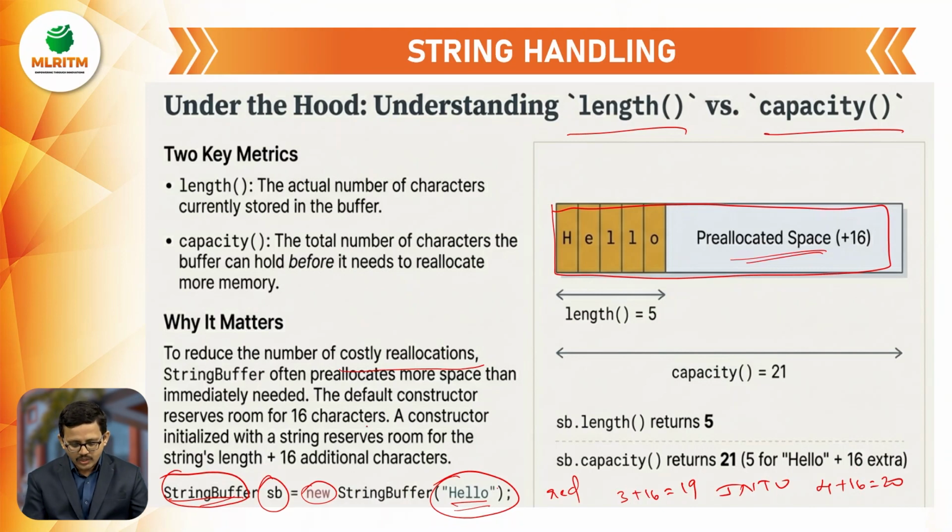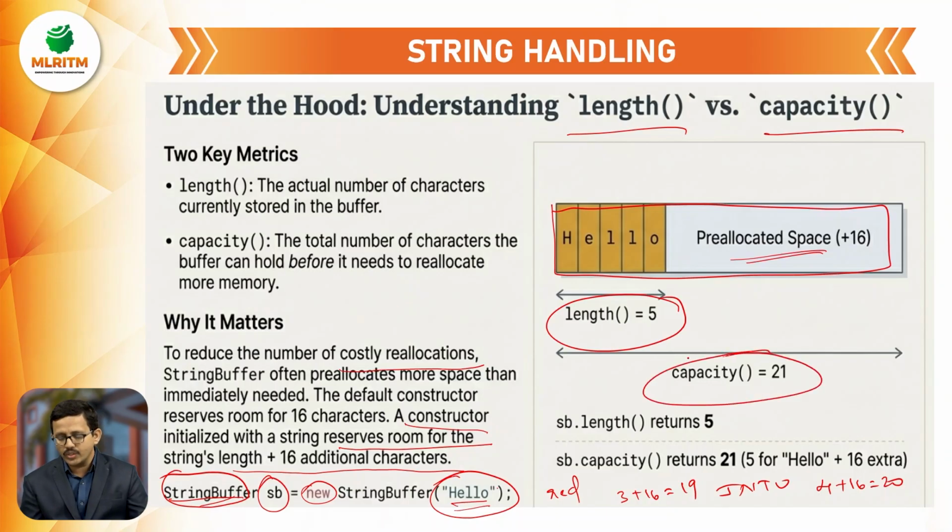So a constructor initialized with a string reserves room for the string's length plus 16 additional characters. Here length gives you the number of characters present in the string, whereas capacity returns the size of the memory allocated. These are the two important methods in your string buffer class.